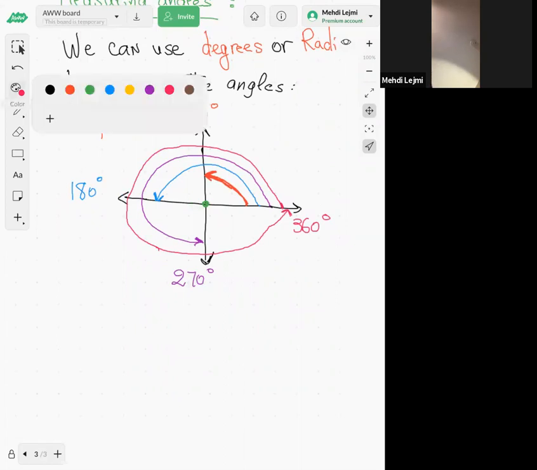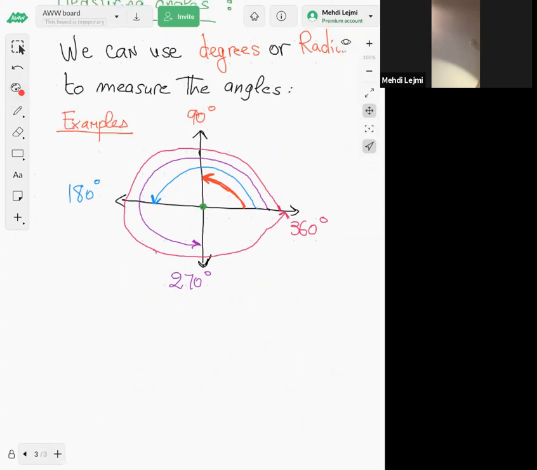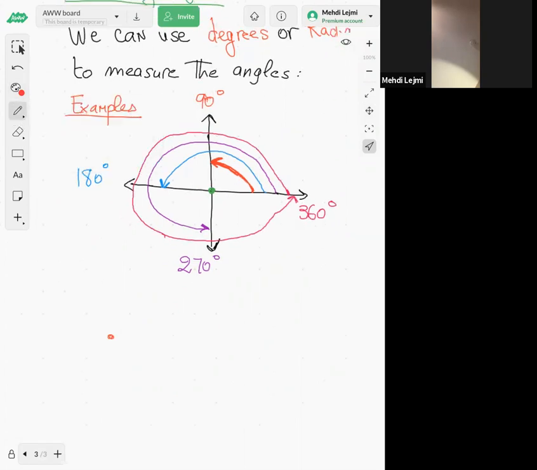So let's say this is your initial side, and your terminal side coincides with the initial side.